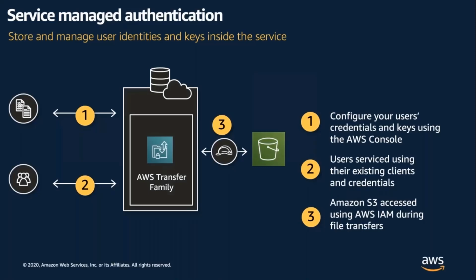And as a part of that configuration, you provide the username, their SSH key, the IAM role, and the logical directory mappings that you want to use for their access. And once you configure your users, the next step is when your users log in, we look up their credentials within our service, and we assume the IAM role to service their file transfers. So that's the one that Jeff is using as a part of his demo.